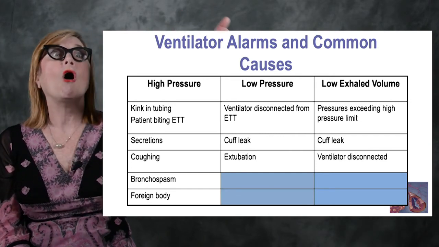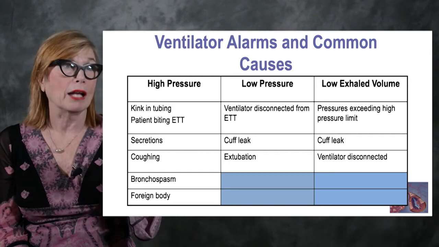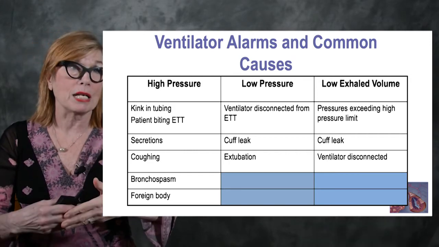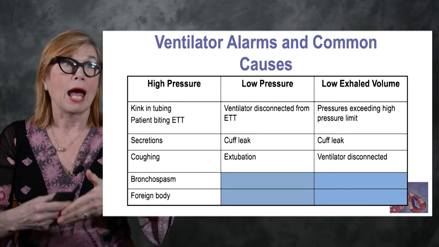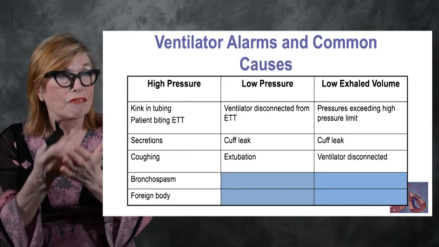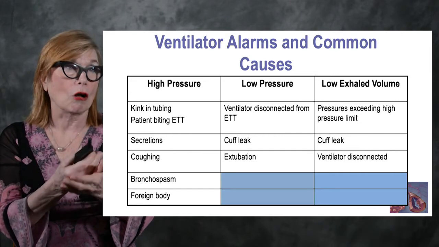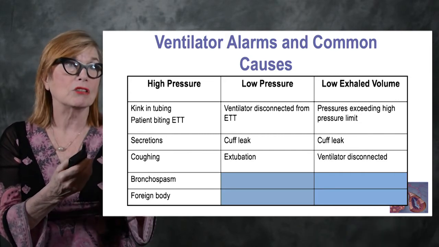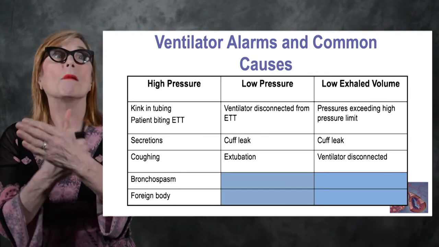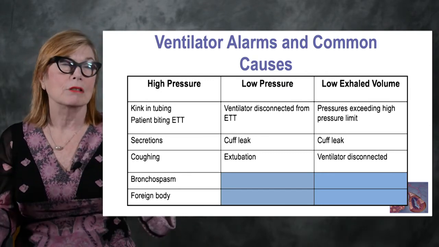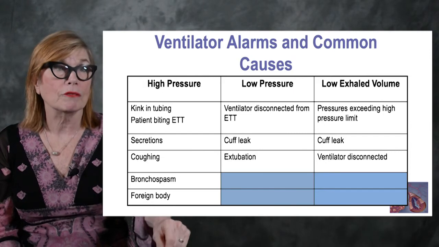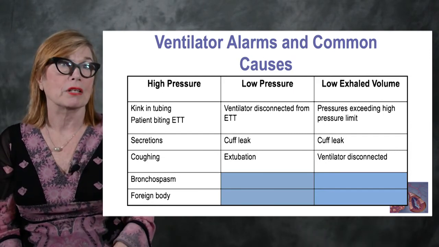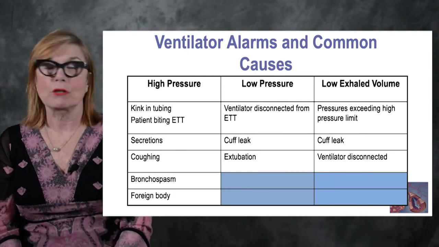We'll look at all these alarms as we evaluate and talk about troubleshooting mechanical ventilation in a way that we as nurses can do. And be aware that ventilator alarms give us cause for concern. We always have to be aware that the ventilator is alarming us to a problem with gas delivery. If you can't deliver gas into your patient's lung, then you are doing them a disservice. So we always have to pay attention.